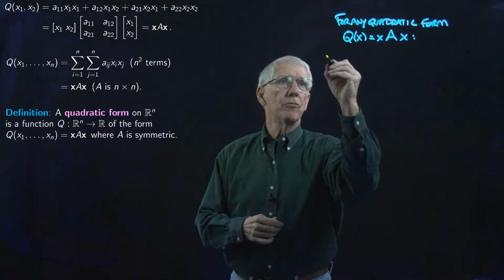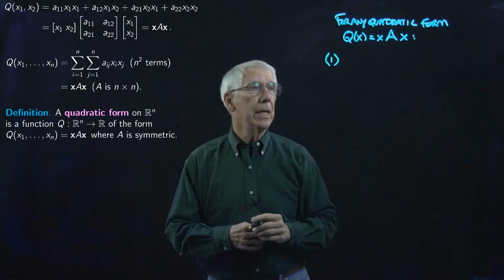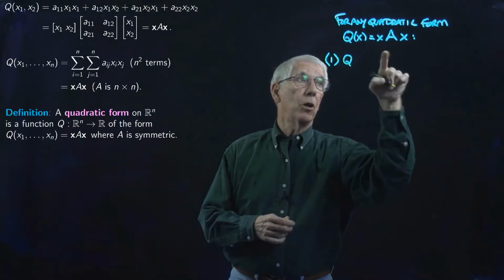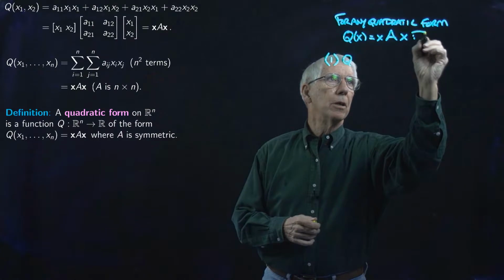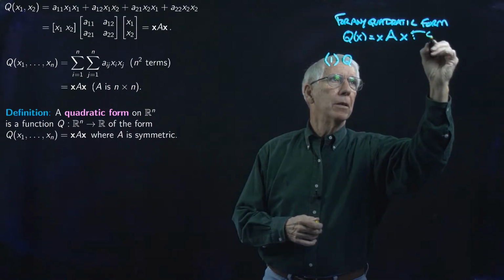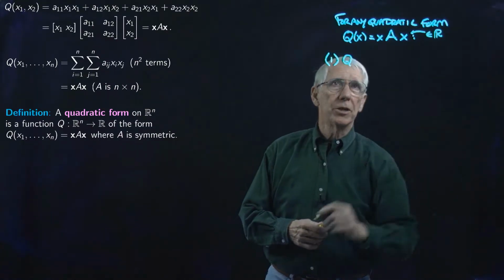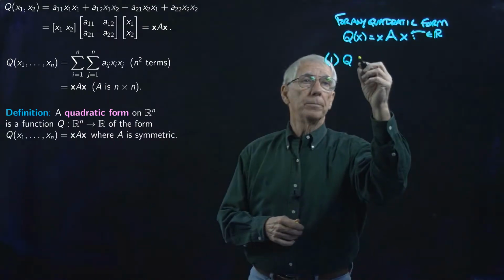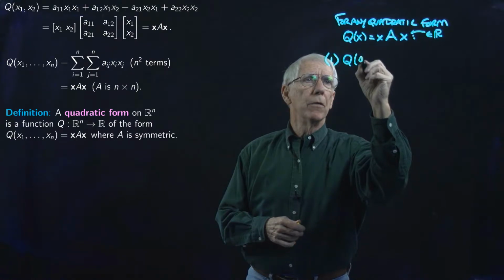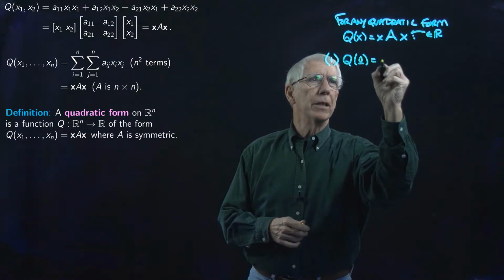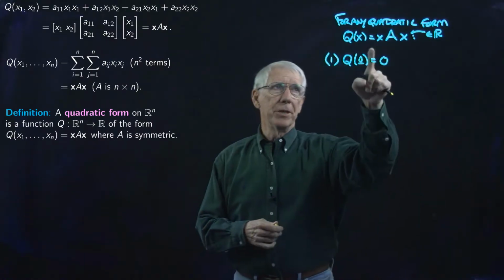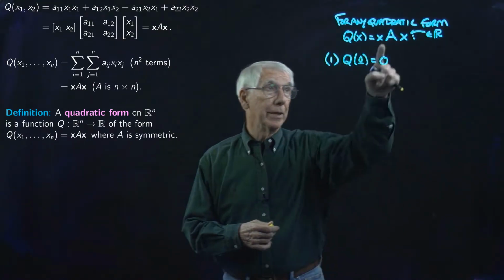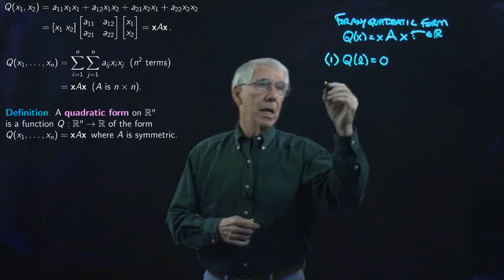The first result we've already mentioned: the quadratic form's value is always a real number, always in R. Q is mapping from Rn to R. So Q of the zero vector is obviously the number 0. If I put the 0 vector here and the 0 vector here, I get 0 in this matrix multiplication.